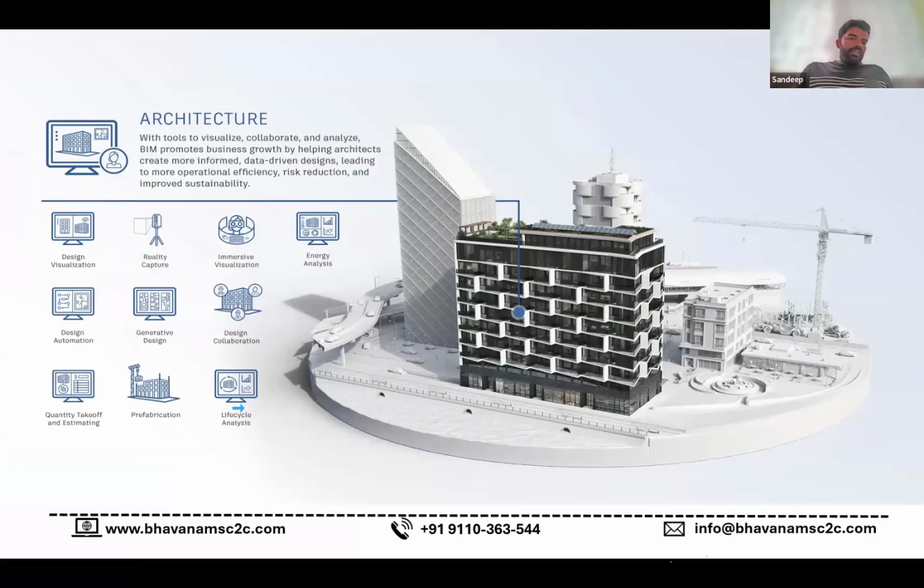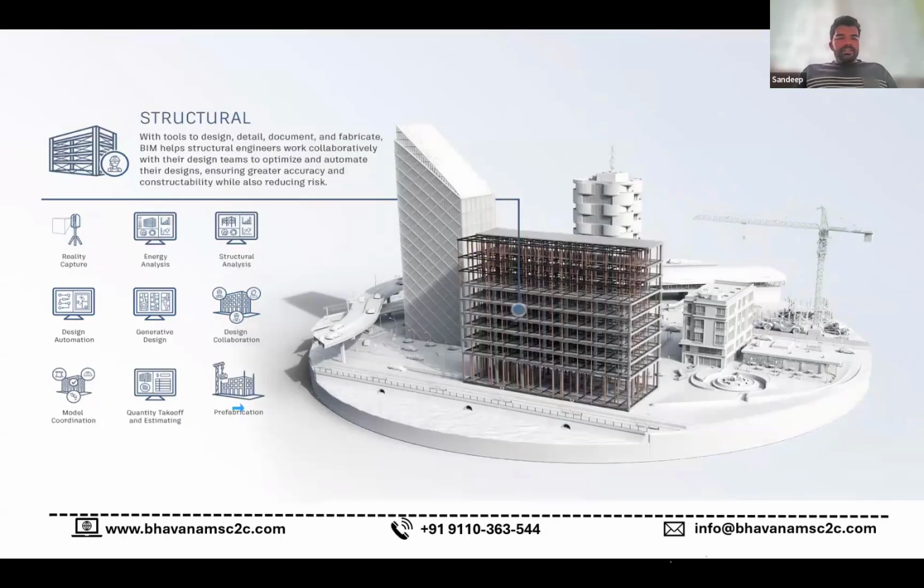We can do energy analysis, design automation, and generative designs. You can add collaboration also, which means multiple persons can work on the same design, and you can also take out the quantities and have life cycle analysis. Analysis means the carbon footprint, lighting analysis, and shadow analysis, we can do all these things.